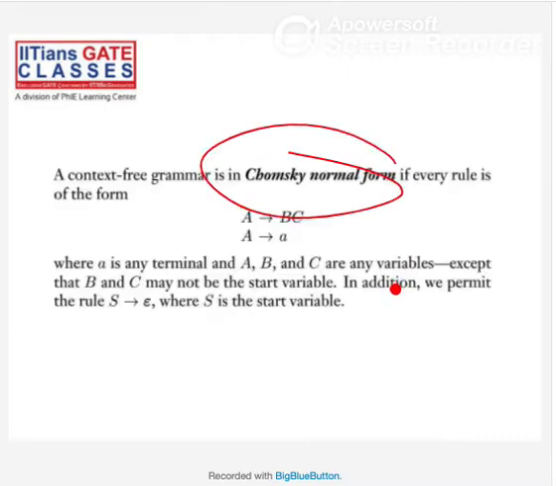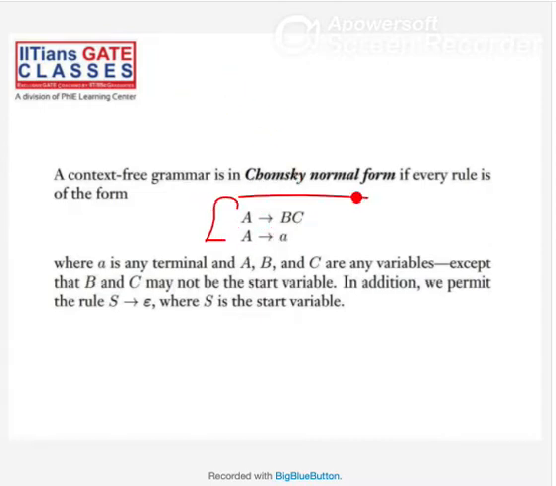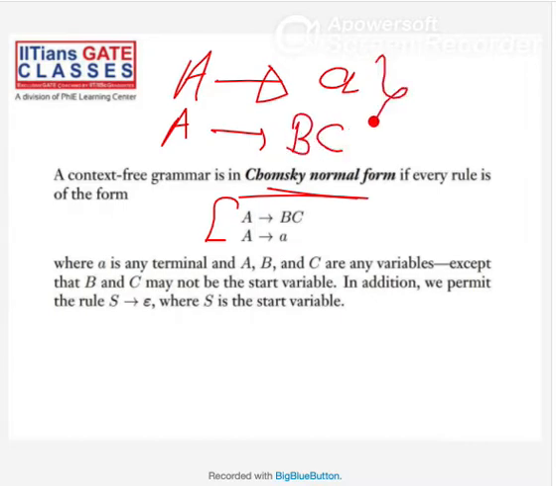Now, what is the Chomsky normal form? This is a beautiful form. You can see it has a very fixed structure. Only these types of productions you can allow. In Chomsky normal form, you only allow these two types of productions: a variable can either go to a terminal, or a variable can go to two variables.